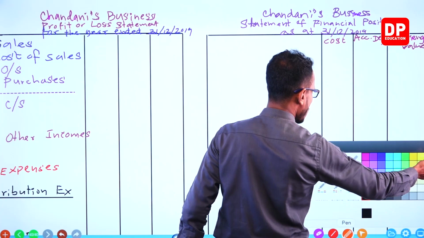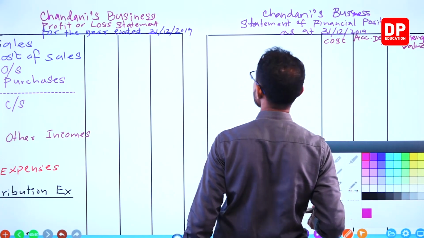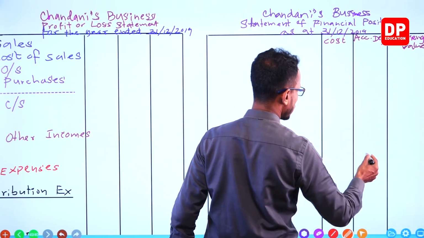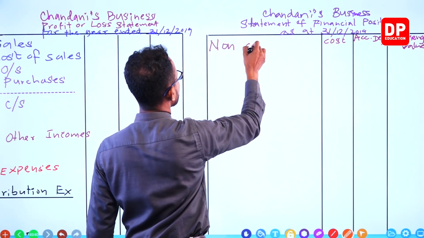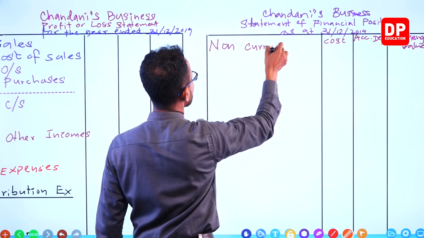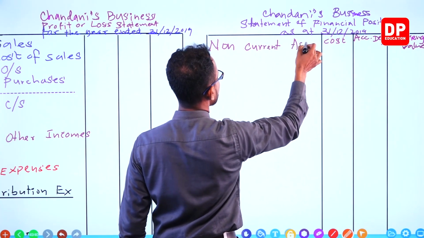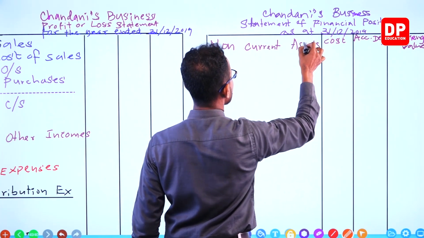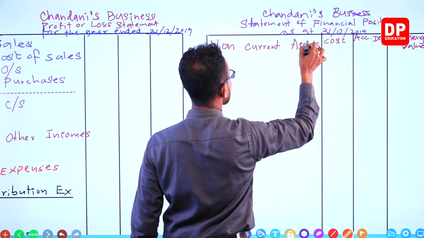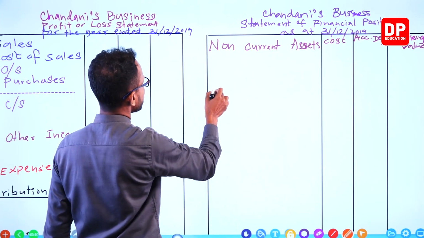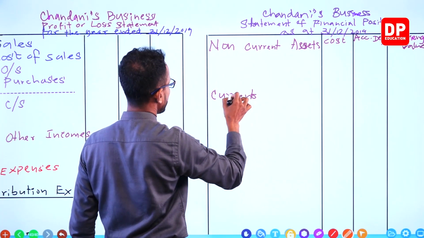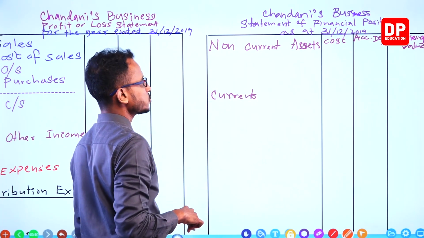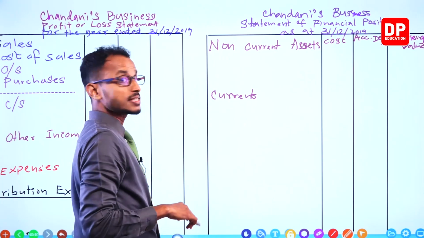Non-current assets on top. Then you get current assets. Better you leave four lines for non-current assets.